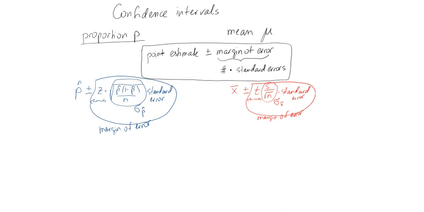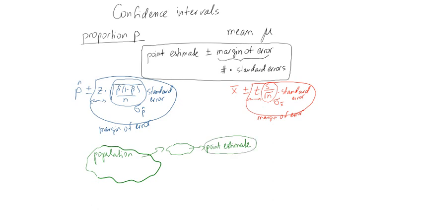Both of these ideas are based on, if you have a population and you sample it and you get your point estimate, that point estimate would be fairly close to what you're trying to estimate as a parameter.